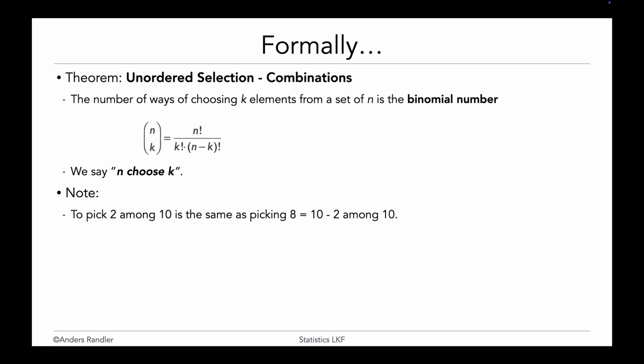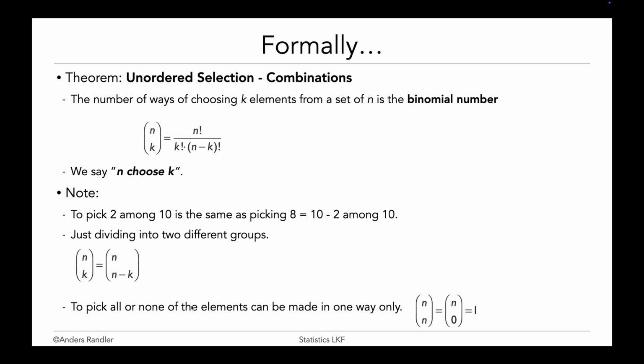You're basically dividing these 10 into 2 piles. One that you want to have and one that you don't want to have. 10 choose 2 and 10 choose 8 will give you the same result. To pick all elements or to pick none of the elements can only be done in one way, of course.